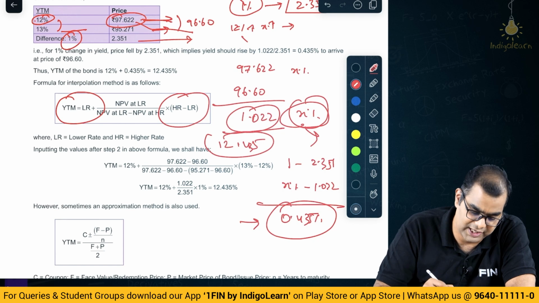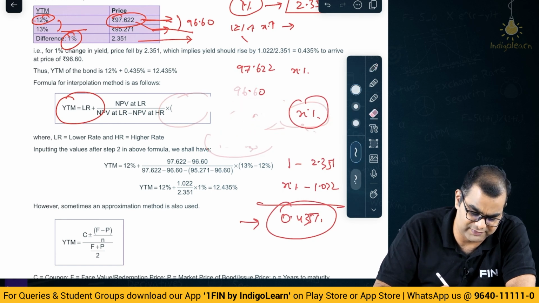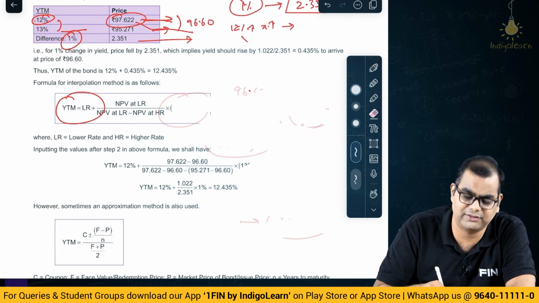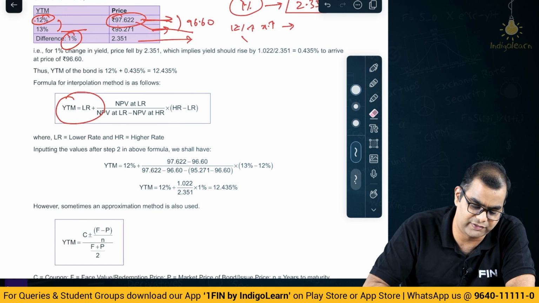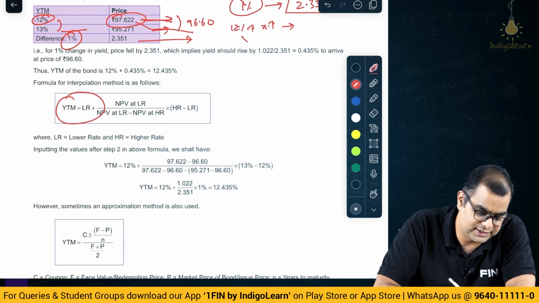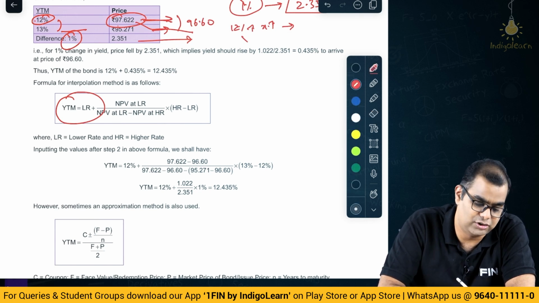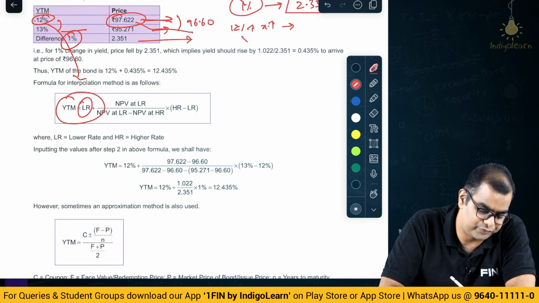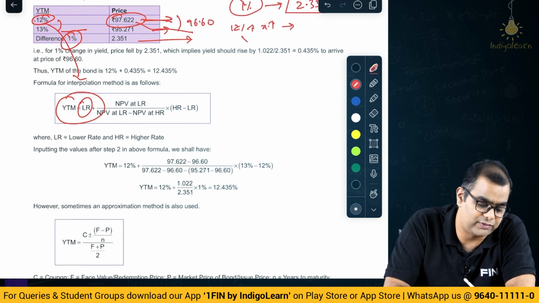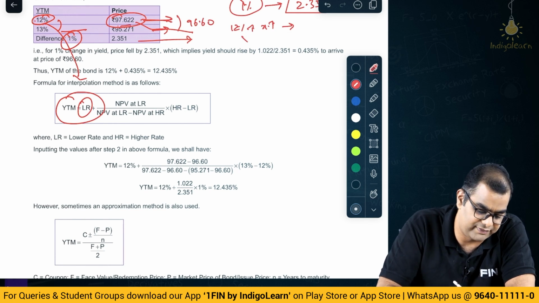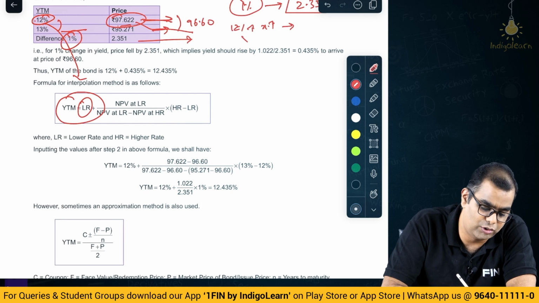If you have not understood this, there is this formula. This is a very simple logic. There is nothing complicated. Just think about it for 5 minutes. The formula is, yield is lower rate, which is 12%, plus NPV at the lower rate, which is 97.622, minus NPV desired, divided by NPV at lower rate minus NPV at higher rate. Okay, there is a correction in the formula.